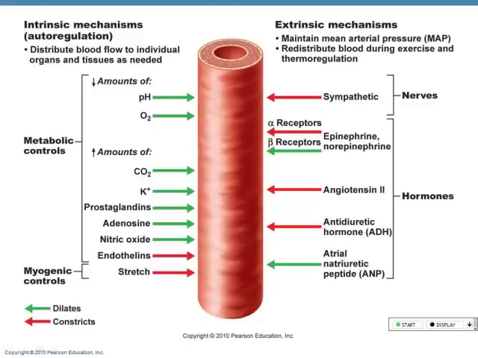Yes? So the diagrams in this, again, if you can talk your way through them, it'll give you a much better understanding. So extrinsic mechanisms are going to help maintain mean arterial pressure and redistribute blood during exercise and thermoregulation.